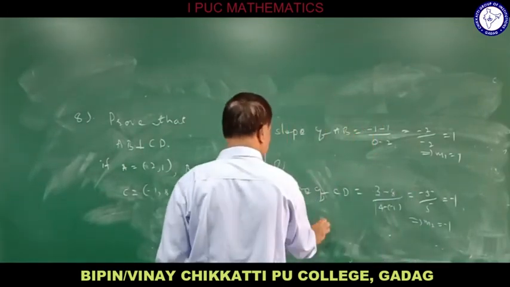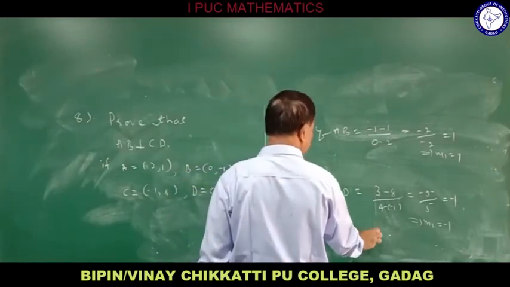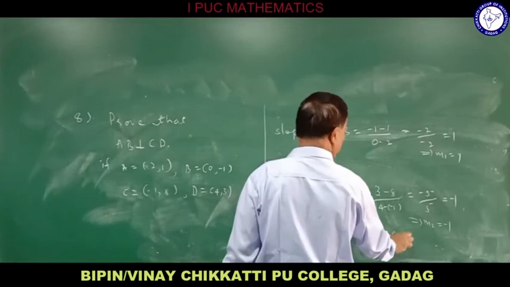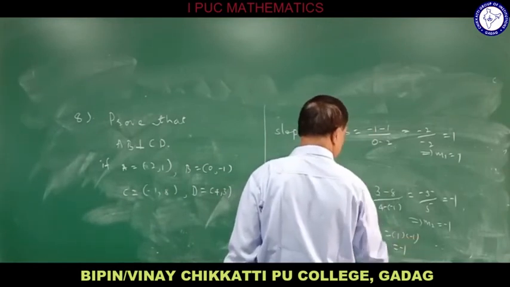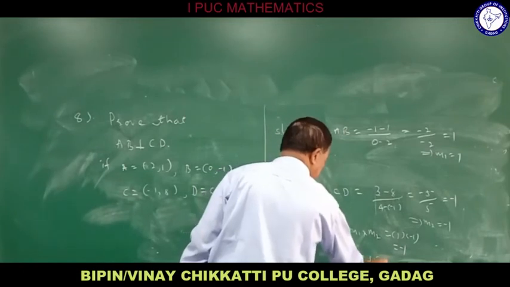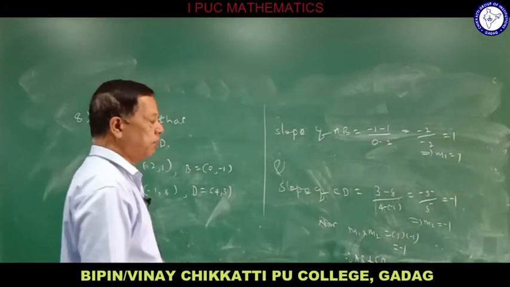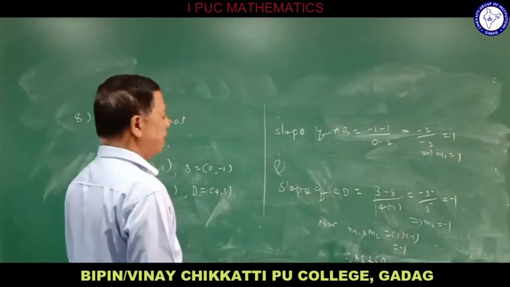And now you write that m1 into m2 is equal to 1 times minus 1, which is minus 1. Therefore AB is perpendicular to CD. Why? Because the product of their slopes is equal to minus 1.